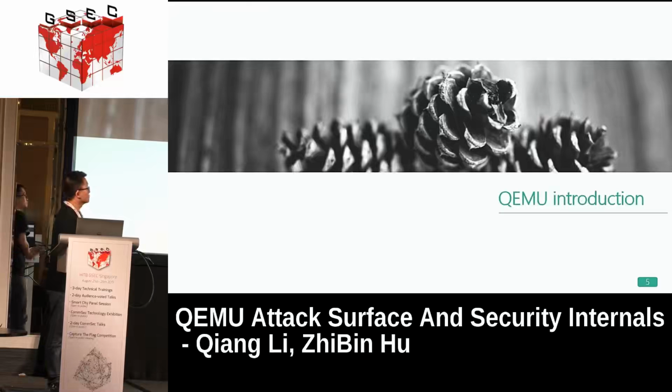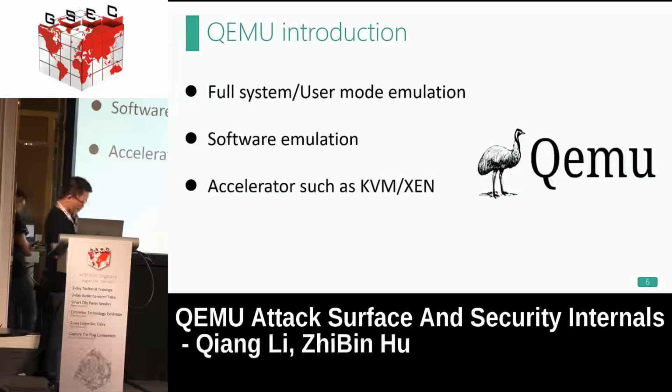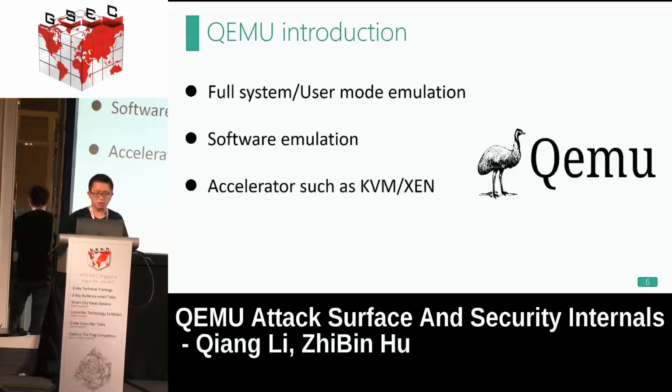Okay, let's go. First of all, the QEMU introduction. Some of you may know that QEMU is a virtualization software. Actually, QEMU has a long history. It can emulate a full system, including CPU, memory, and various devices. And it can also do user mode emulation. This means that it can run one process that is compiled for another CPU.